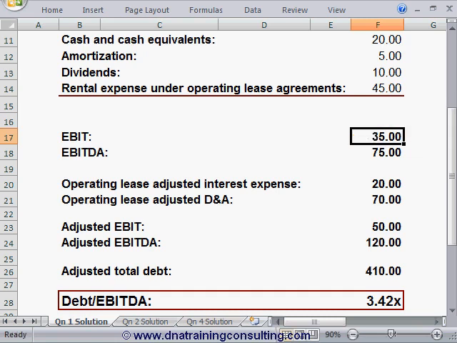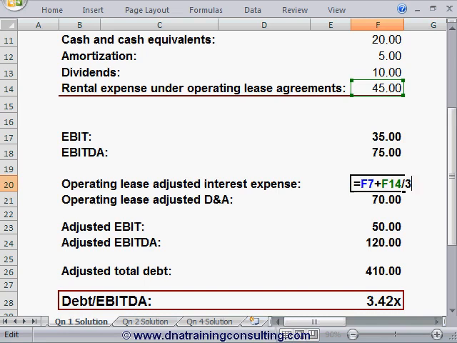Importantly, cell F20 adjusts the interest expense from cell F7 by adding to it 1/3 of rental expense under operating leases, exactly as explained in chapters 2 and 4, pursuant to the Moody's methodology.